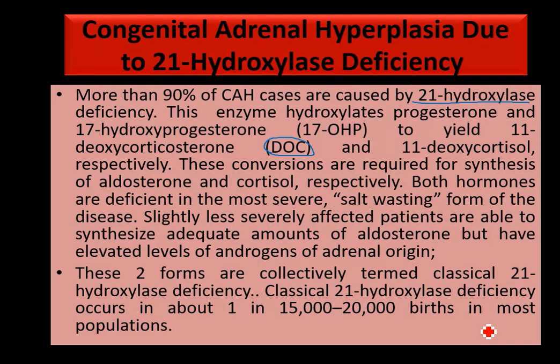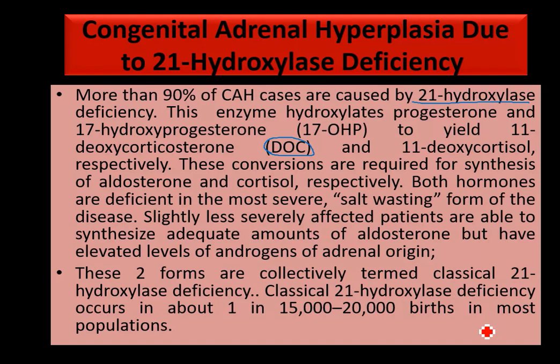Both hormones are deficient in this state. This occurs in the most severe cases, the salt wasting form of the disease, or it occurs in slightly less severely affected patients, who are able to synthesize a variable amount of aldosterone but have elevated levels of androgen of adrenal origin.